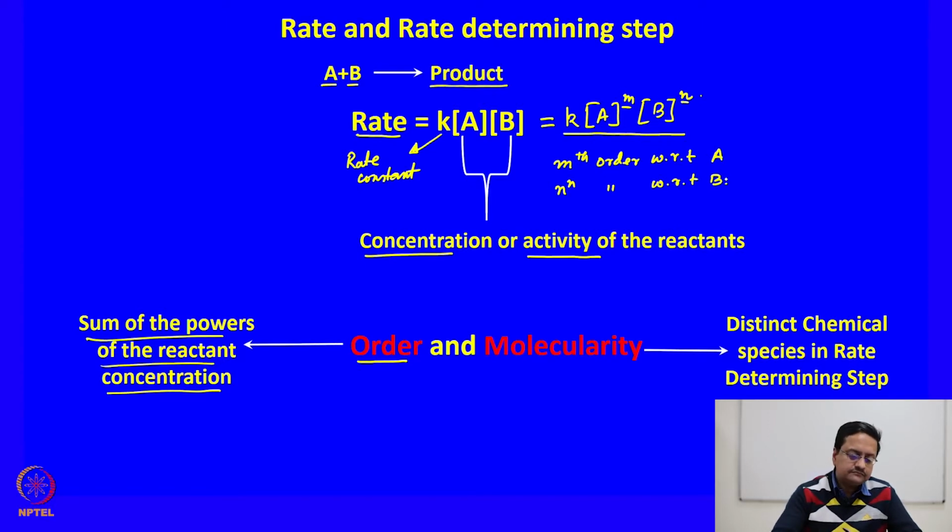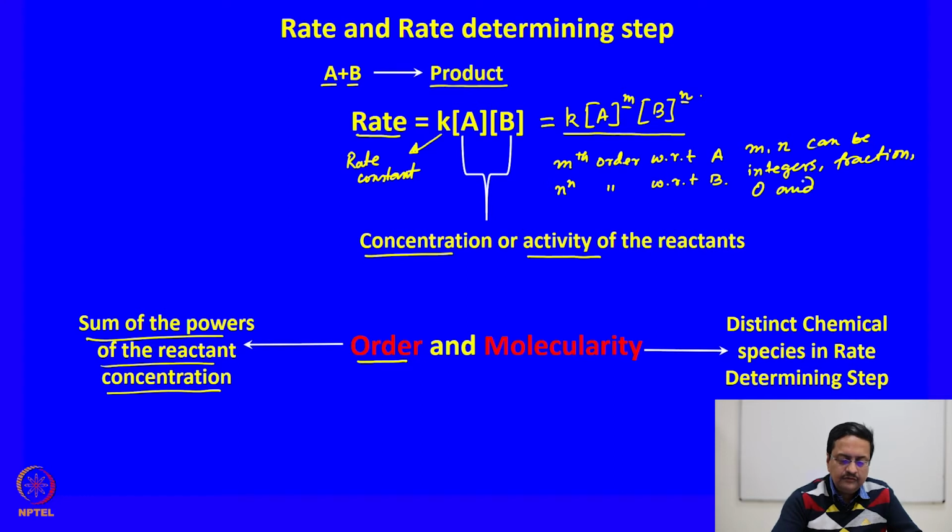That means this m and n can be integers, fractions, can be 0, and in some rare cases can be negative.